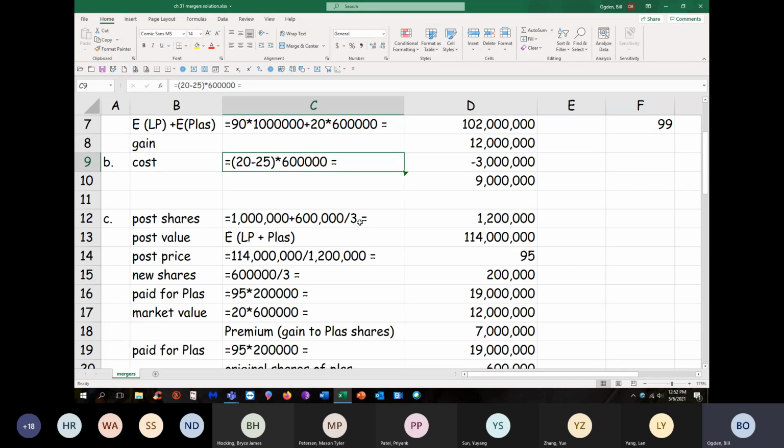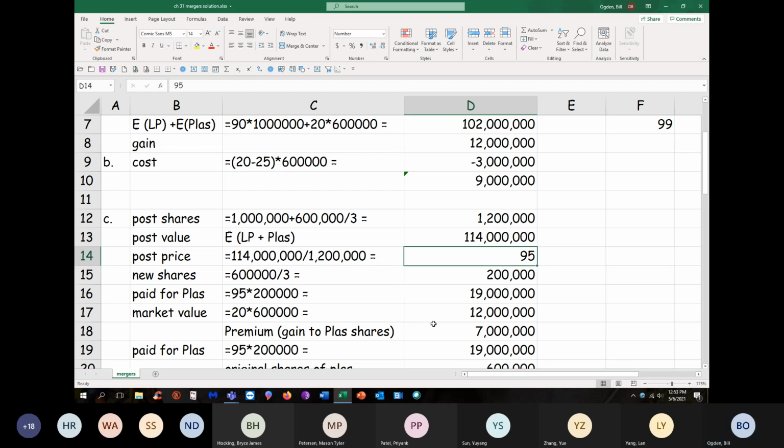So this is the 1-to-3 split, and we'll have 1,200,000 shares total. And again, I don't know why the book doesn't emphasize this, but I find a great deal more comfort in understanding what's going on if I can find the post-merger price as soon as possible. So I have 1.2 million shares and $114 million in total value. Therefore, this should settle at $95 per share.